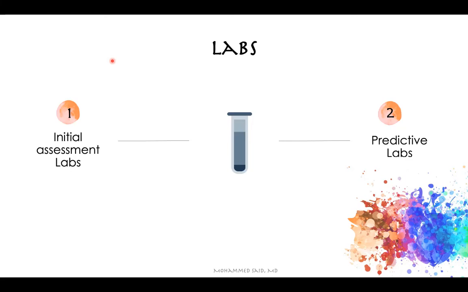When it comes to the predictive labs, there is not enough evidence to support the routine use of this stuff, but I'm just mentioning the stuff that was studied. Some studies state that unexplained elevations in the maternal serum alpha-fetoprotein or HCG, or decreased pregnancy-associated plasma protein A, or unconjugated estriol, any change in the inhibin A, decrease or increase, all the stuff can be associated with or predictive of placental abruption.